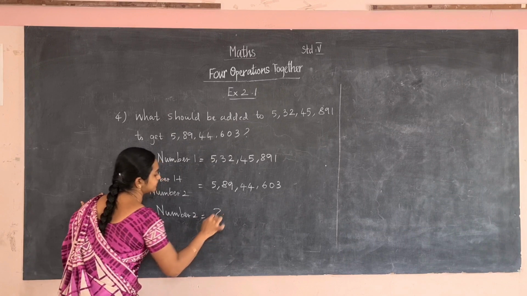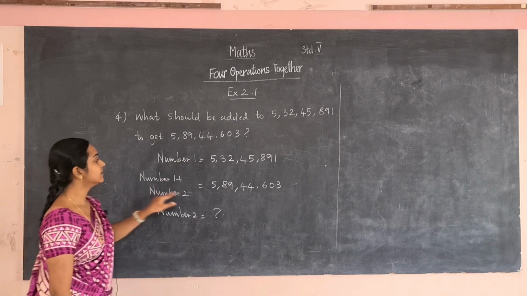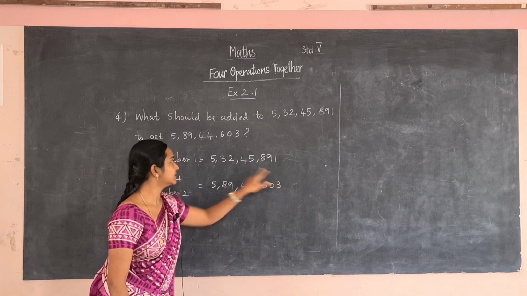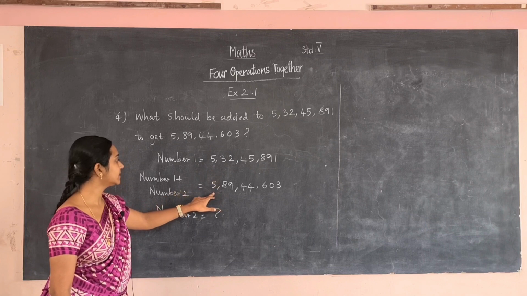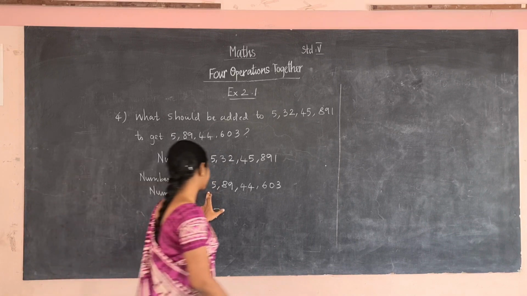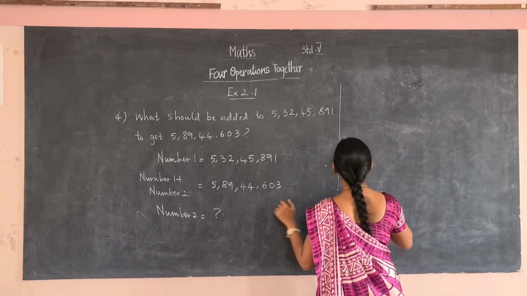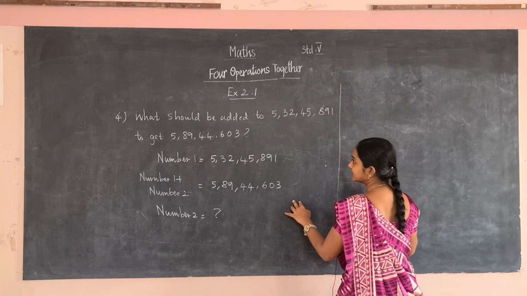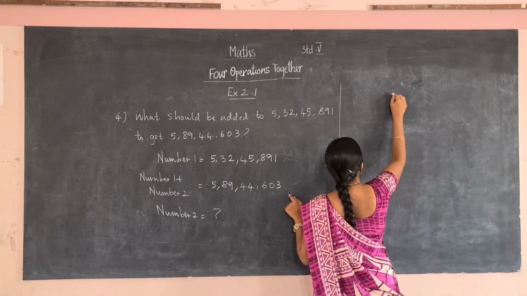Now we are going to find number 2. To find number 2, you have to subtract number 1 from number 1 plus number 2. That is, we are going to subtract these two numbers to get number 2. So write the greatest number first. This will be the greatest number.